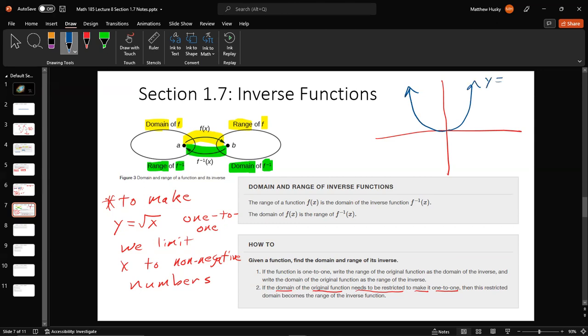This would be what y equals x squared is. It's going to fail the horizontal line test. So it's not one-to-one. So you've actually encountered a version of this idea already, and that's all they're talking about.